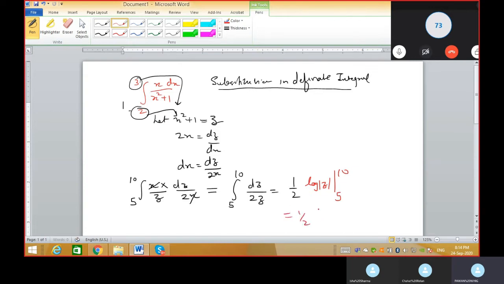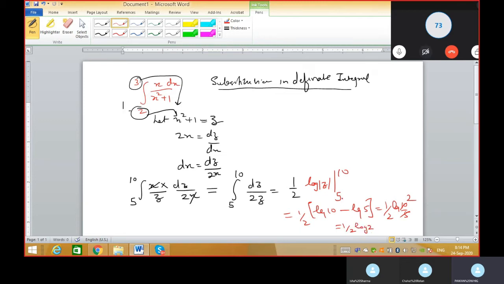So your answer would be log 10, upper limit, minus log 5, lower limit. This will give you 1 by 2 log of 10 by 5, because there is a property log m minus log n is equal to log m by n. So the net answer would be 1 by 2 log 2.